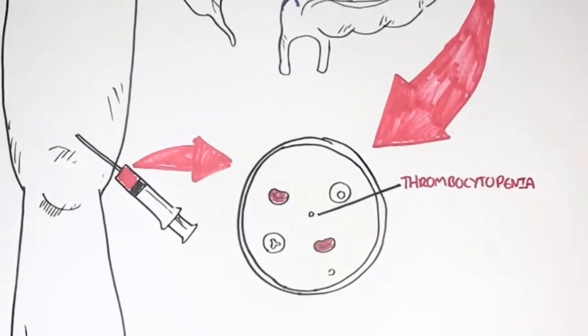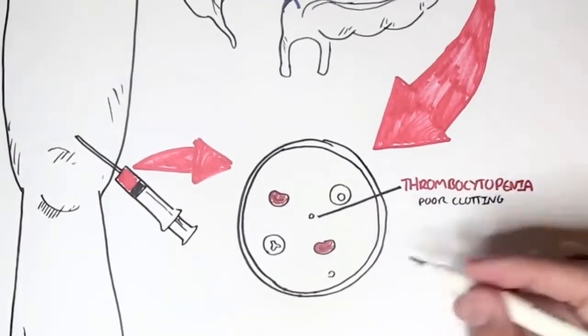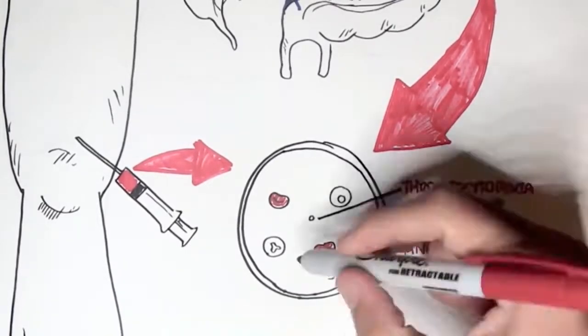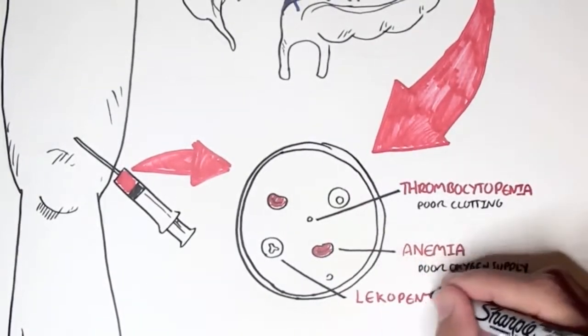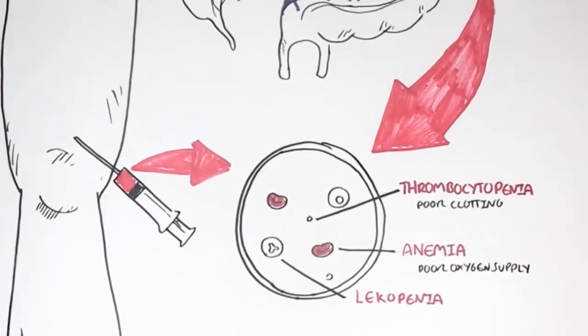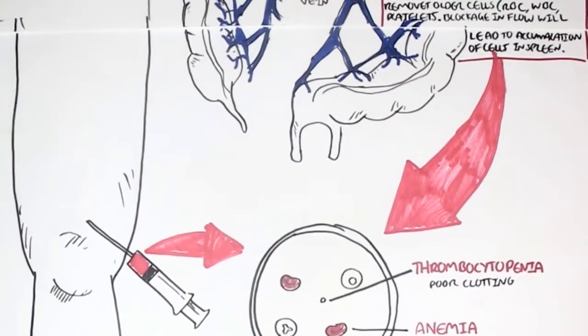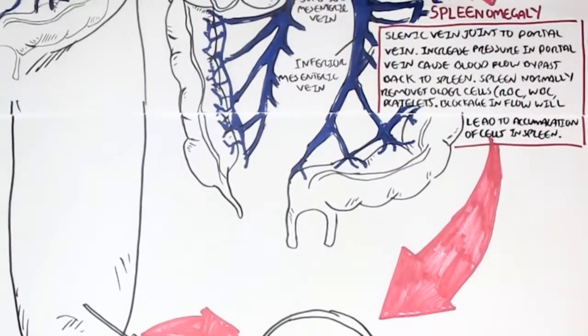And then he will have anemia, which would mean that there's poor oxygen supply. And he would have leukopenia, meaning that he would have low white blood cell count in the blood. And this would mean that he'd probably be more prone to infection. And all these, there are low amounts of these cells because they're all accumulating because the blood can't really flow out properly, remember.